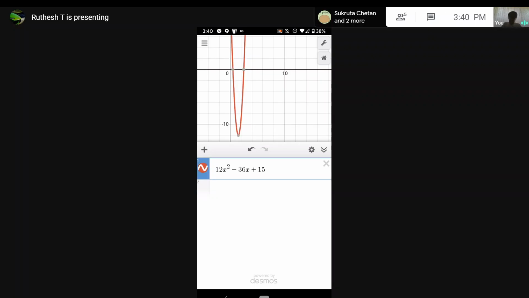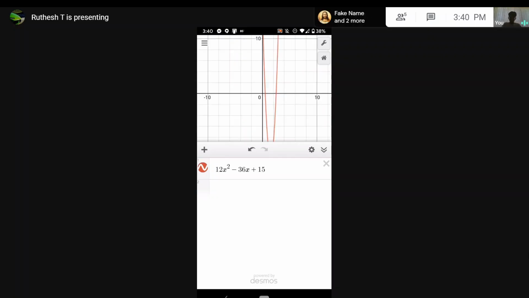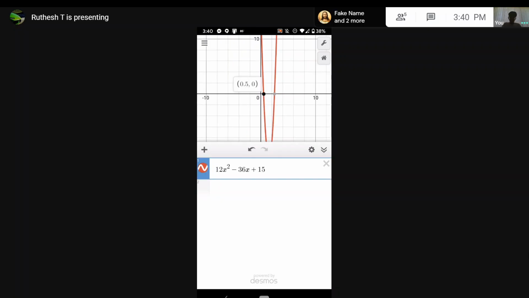And at these 2 points, the roots of the quadratic function, 0.5 and 2.5, velocity is 0, and it goes from velocity positive to negative, and then negative to positive. And from there, you can conclude that it reverses direction.